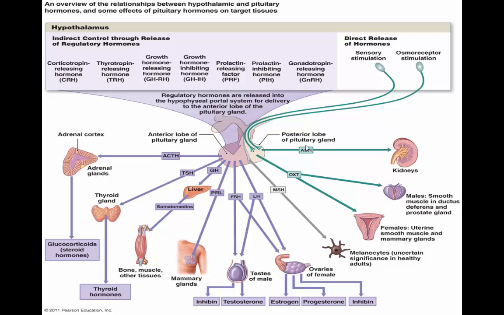The main stimulus of ADH release is increased osmotic pressure in the body. So whenever you have problems with water only, the osmoreceptors will catch that decrease or excess of volume and will release or inhibit ADH.